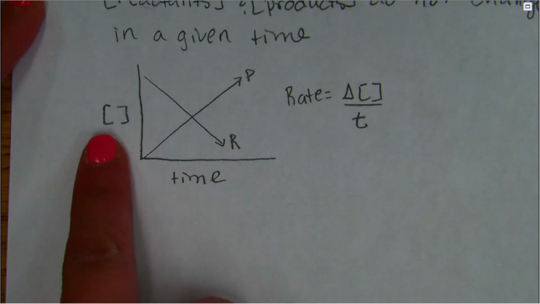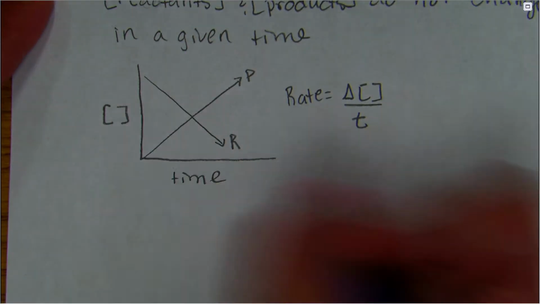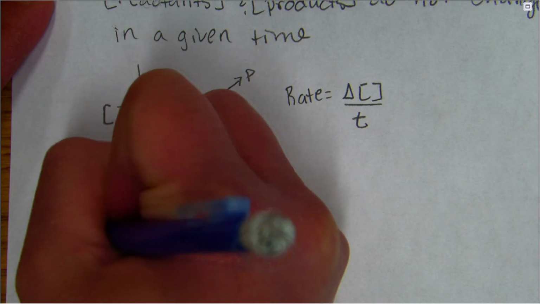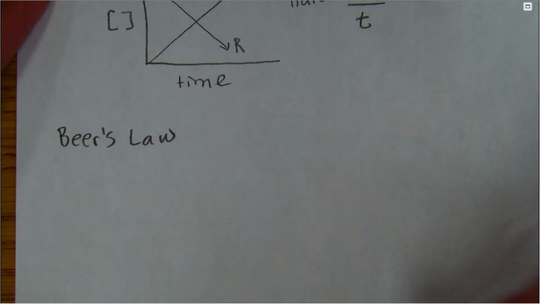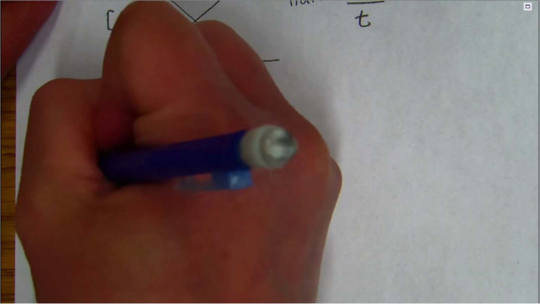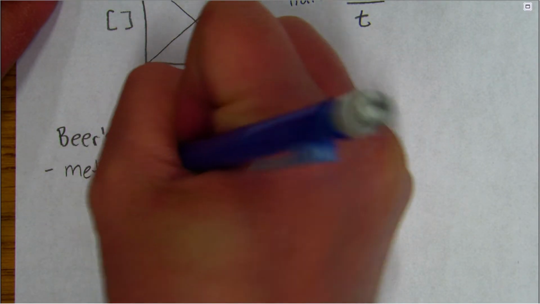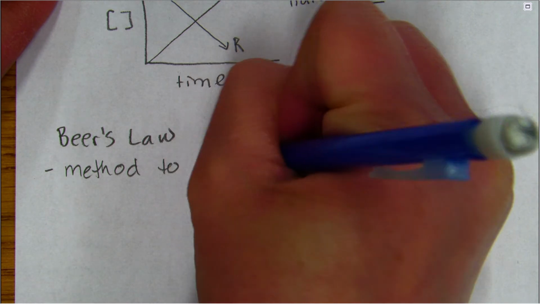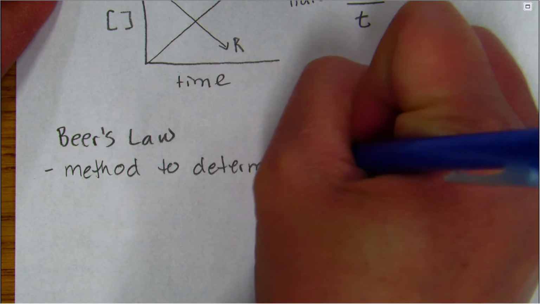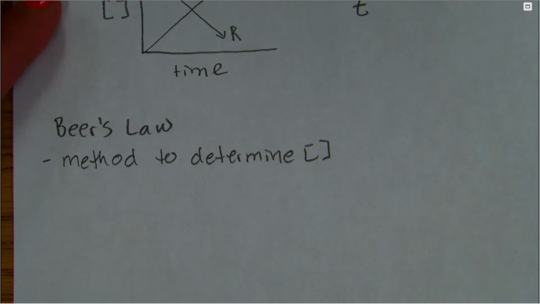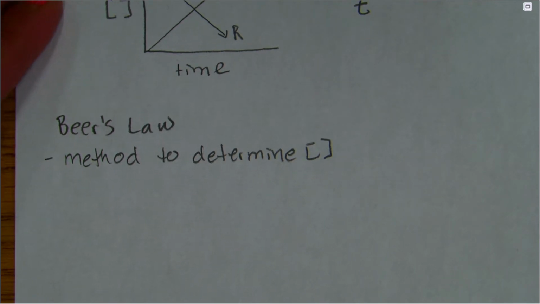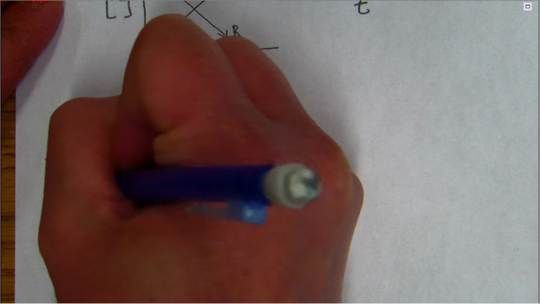We can determine this concentration experimentally using Beer's law. Beer's law is a method to determine concentration, and we are going to use light and absorptivity of a solution in order to determine that.